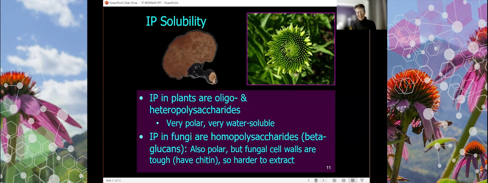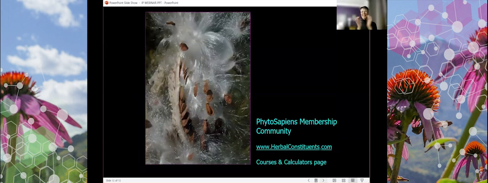Instead of going through the whole double extraction process, you can get a really nicely made tincture, and you can decoct your pieces and pour them in together. Okay. So that was our tour of immunomodulating polysaccharides.